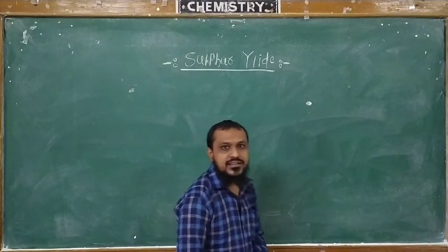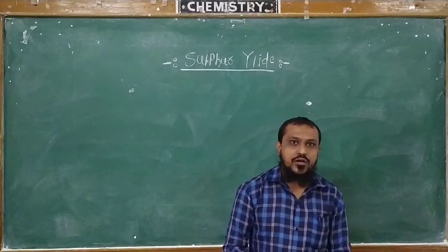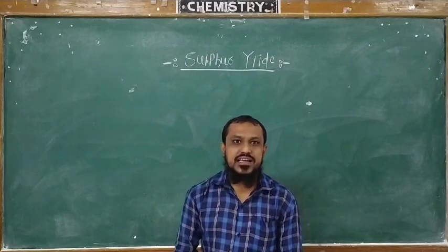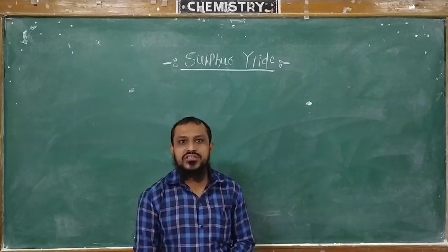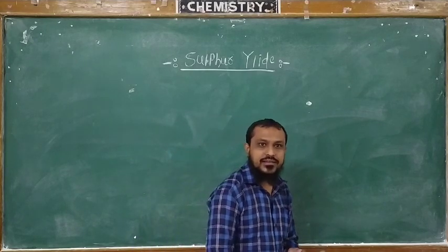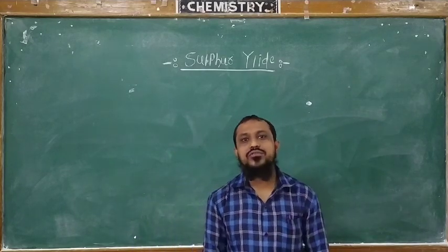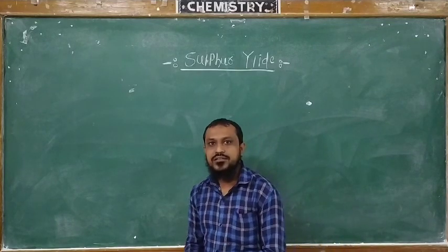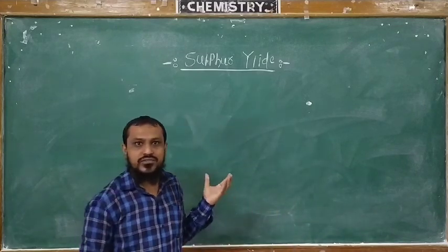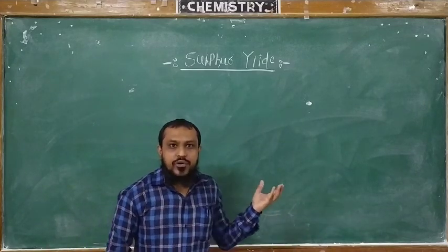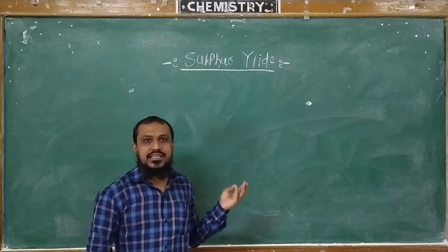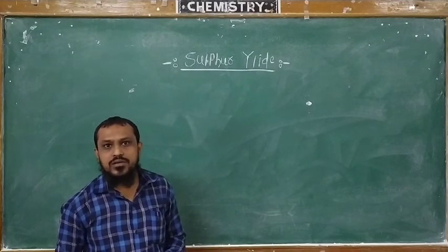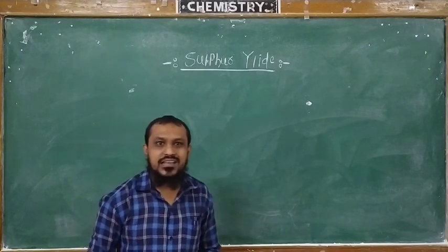Okay, now listen. When positively charged sulfur is singly bonded with a negatively charged carbon atom having a leaving group, it is called sulfur ylide. The simple statement of sulfur ylide is: the positively charged sulfur singly bonded with a negatively charged carbon having a leaving group is called sulfur ylide.